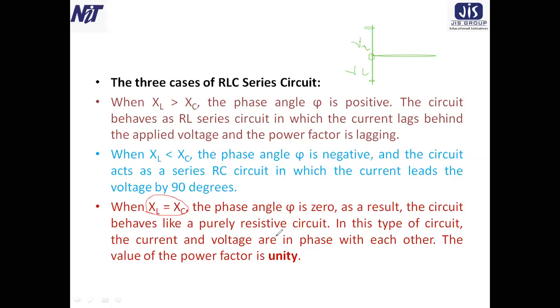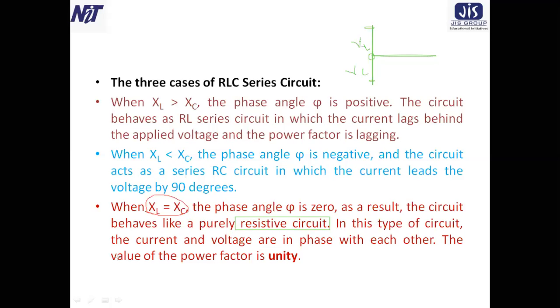So what will happen in this case? The circuit behaves like a purely resistive circuit. So only resistance will be there in the circuit if XL minus XC is zero, that is, XL and XC are equal. In this type of circuit, the current and voltage are in phase with each other.